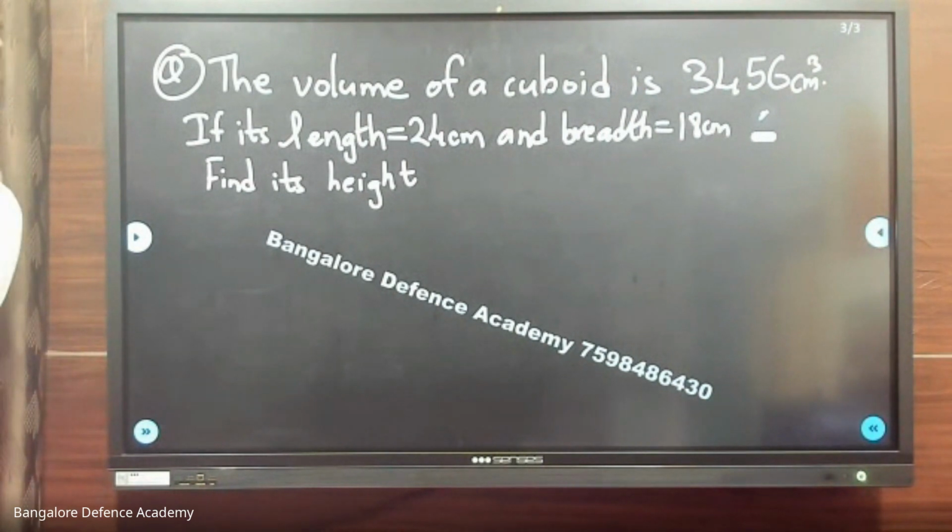The volume of cuboid is 3456. They have given two data, that is the length and the breadth.